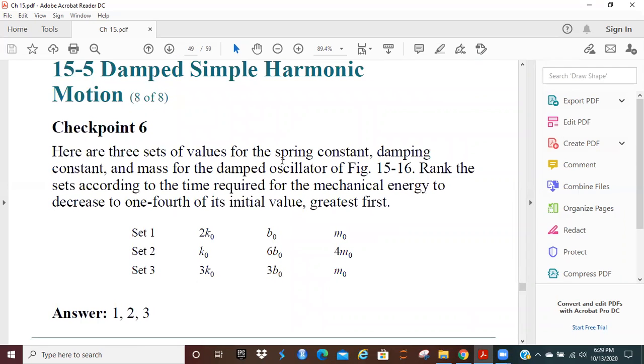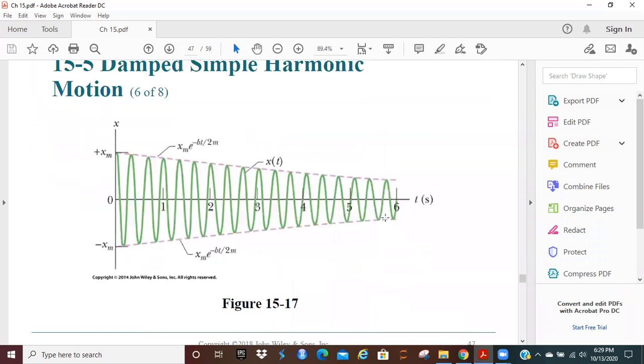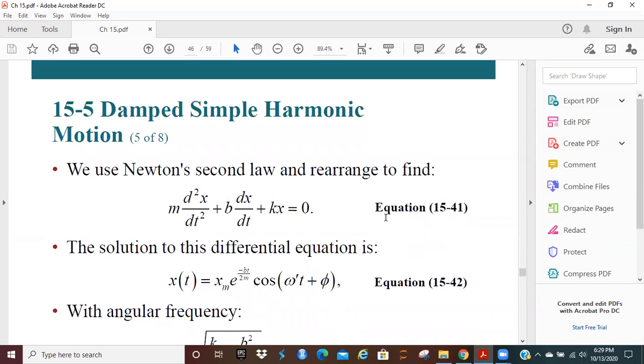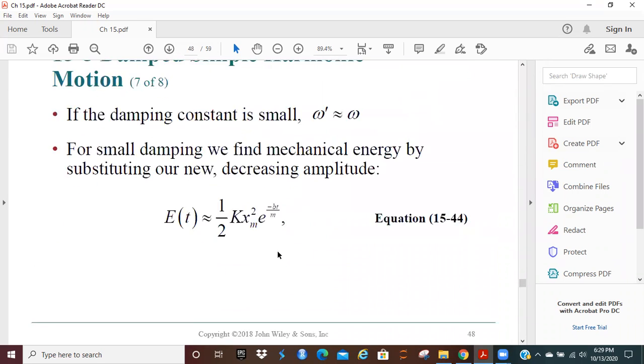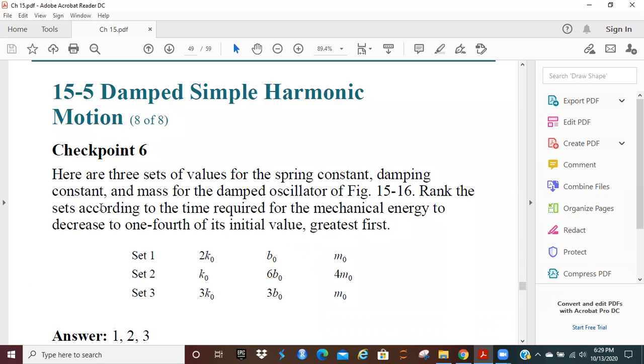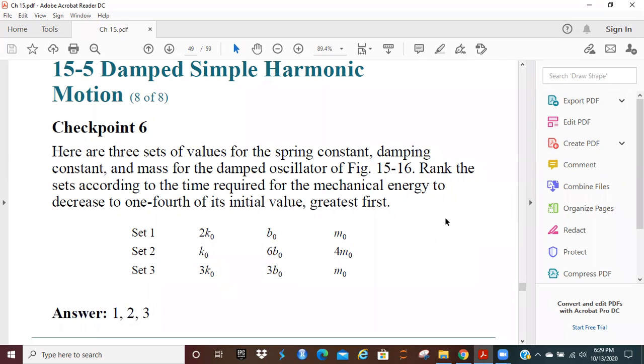So here are 3 sets of values for the spring constant, damping constant, and the mass for the damped oscillator in 15.16. Rank the sets according to the time required for the mechanical energy to decrease to 1/4 of its initial value, greatest first.